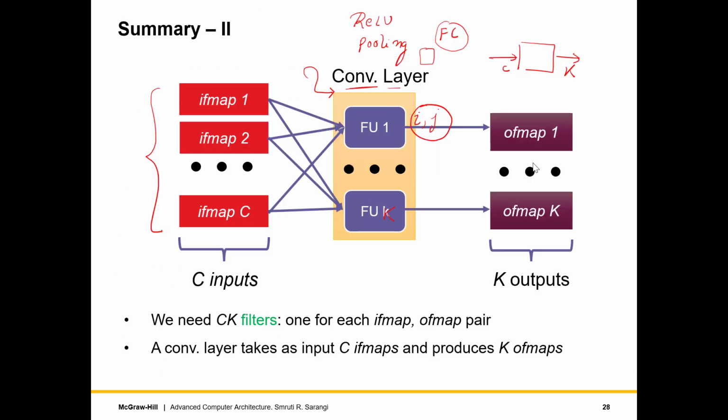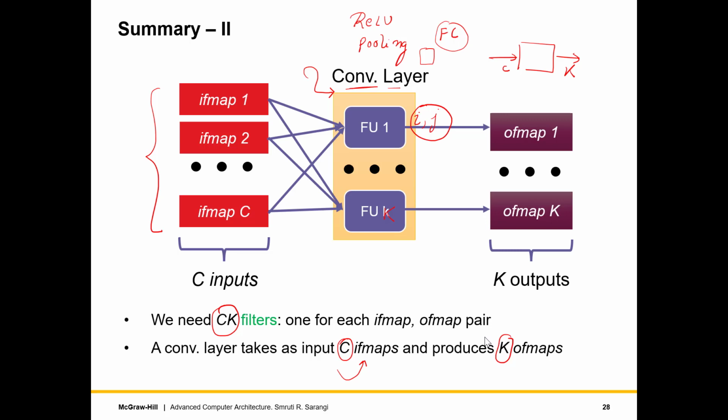Then the total number of filters that we'll have is C times K, because a filter is determined by a unique combination of the IF map and OF map. For each IF map, OF map pair, we'll have a unique filter. And the convolutional layer as a whole will take in capital C IF maps as input and produce capital K OF maps as output. All right, so that is exactly what it's going to do.